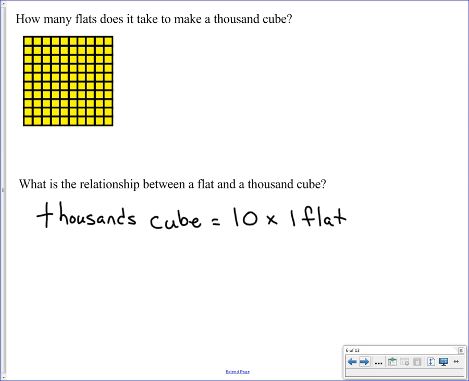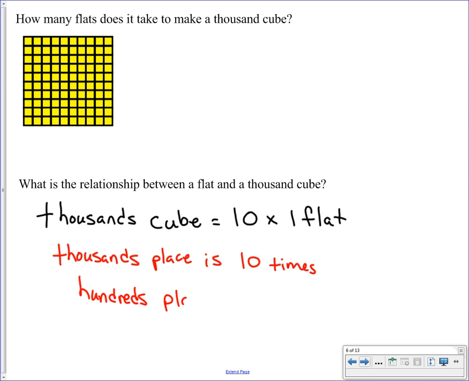Another way to write it would be the thousands place is 10 times the hundreds place. Okay.